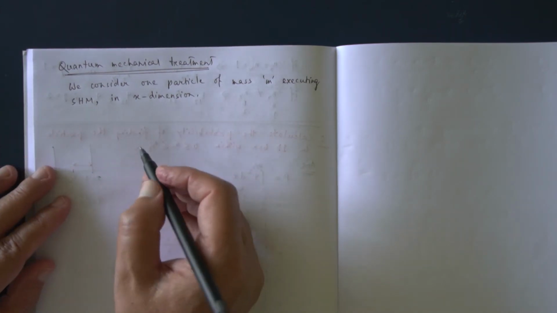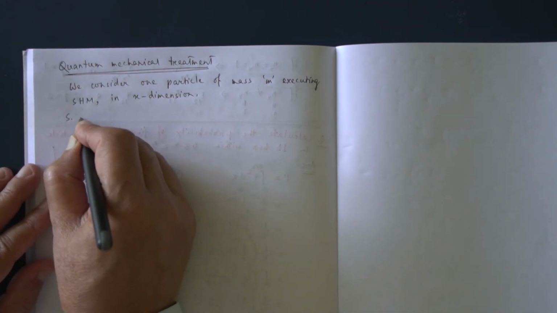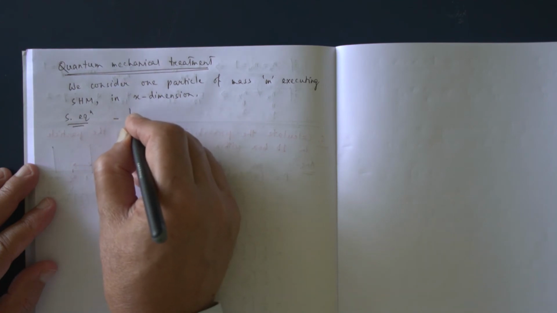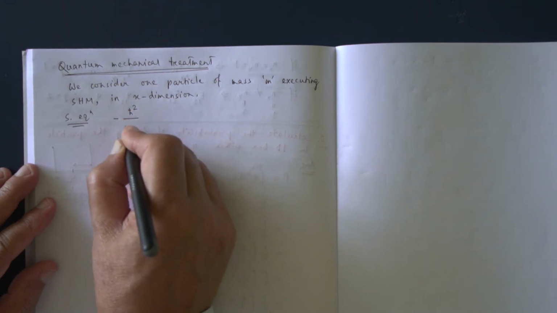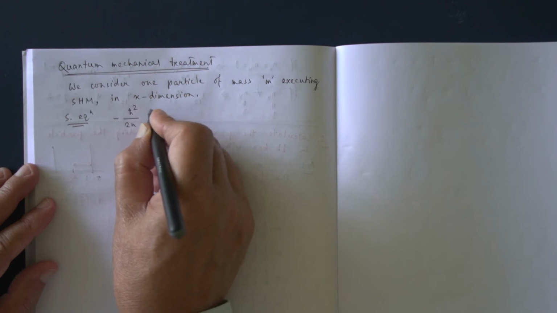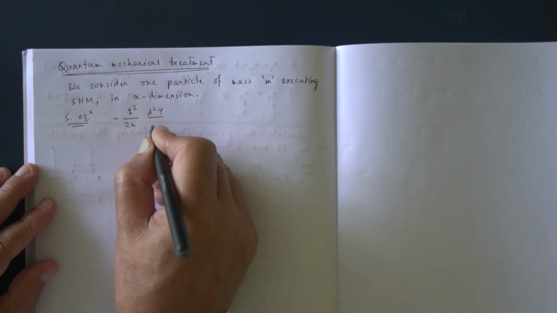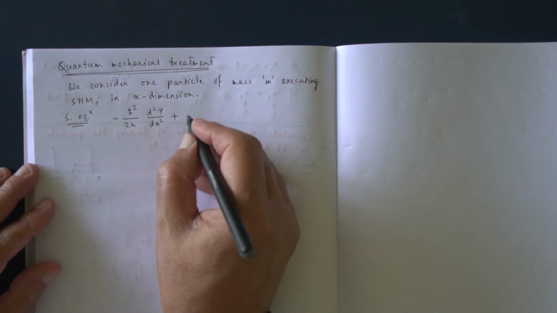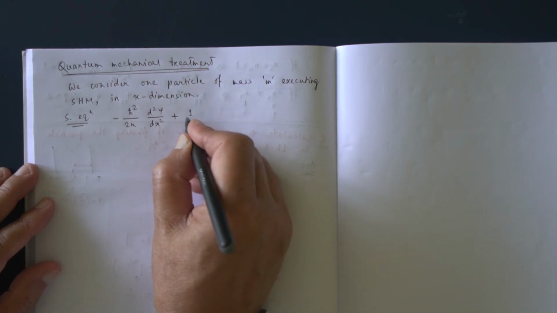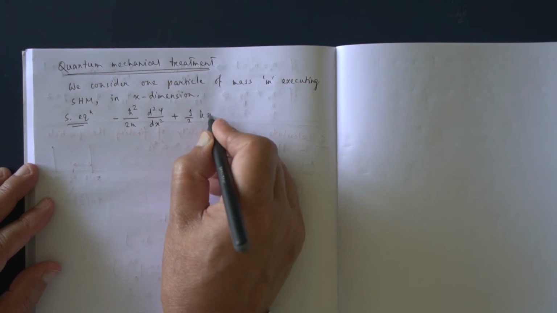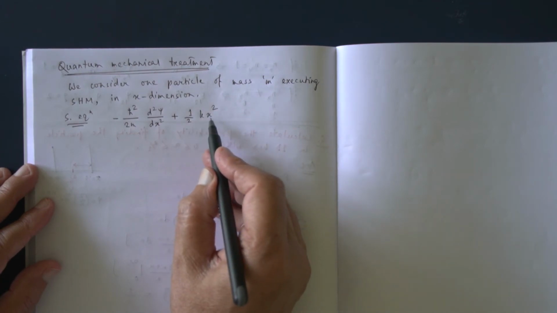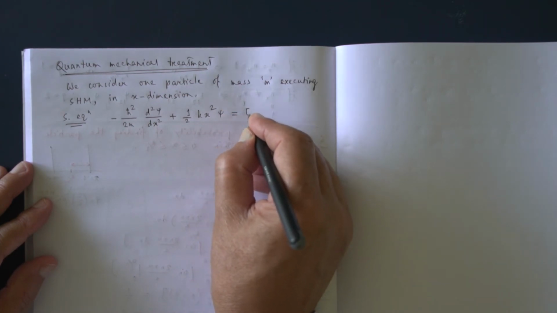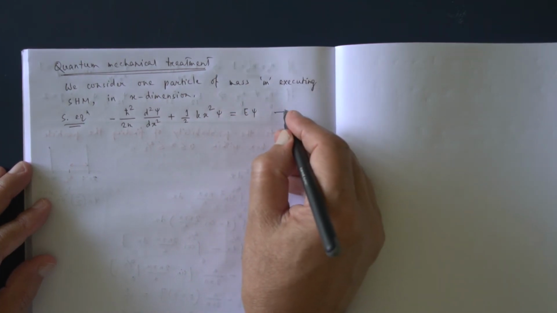So what is the Schrödinger equation? It is minus h bar squared by 2m d2 psi dx squared plus V psi, where V equals half kx squared, equal to E psi.